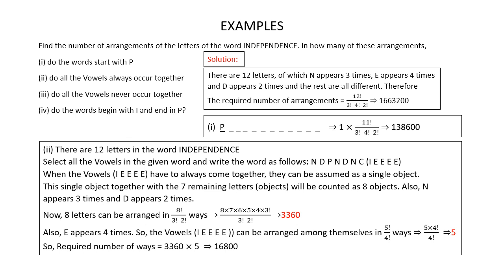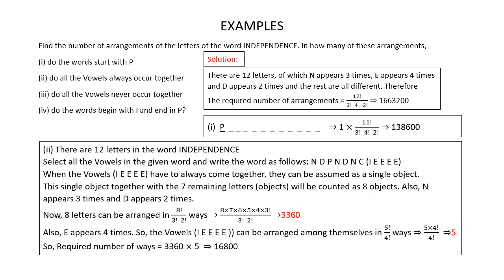Now, the number of arrangements is overall factorial divided by the product of the repeat factorials. Now, since there are 8 objects here, the overall factorial is 8 factorial.